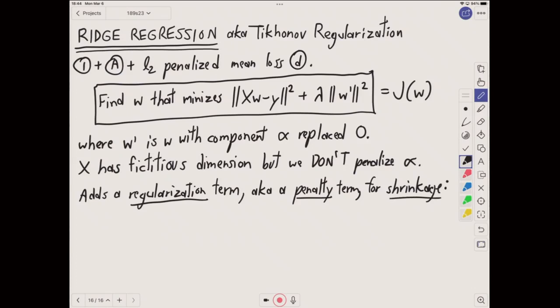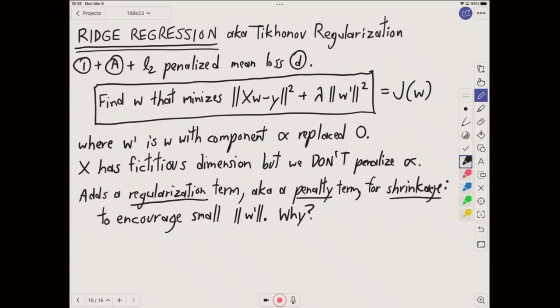What is shrinkage? It's to encourage the weights to be small. And so the natural question you might ask is, why do that? Why do we want to make the weights smaller? There are a couple of reasons to do this.